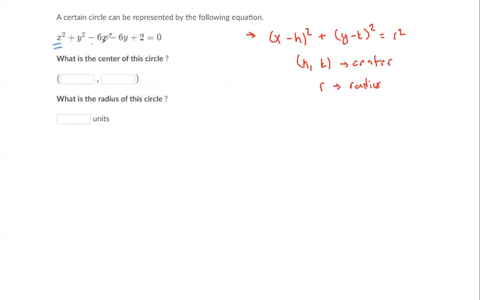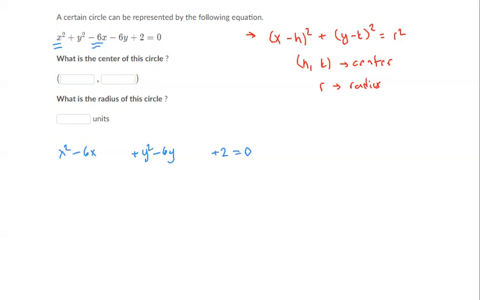So I'm going to combine the x terms together, so that will be x squared minus 6x, and then I will leave a little bit of space. Then I'm going to write the other terms, which is y squared minus 6y, plus 2, and let me leave a bit more space, and that is equal to 0.